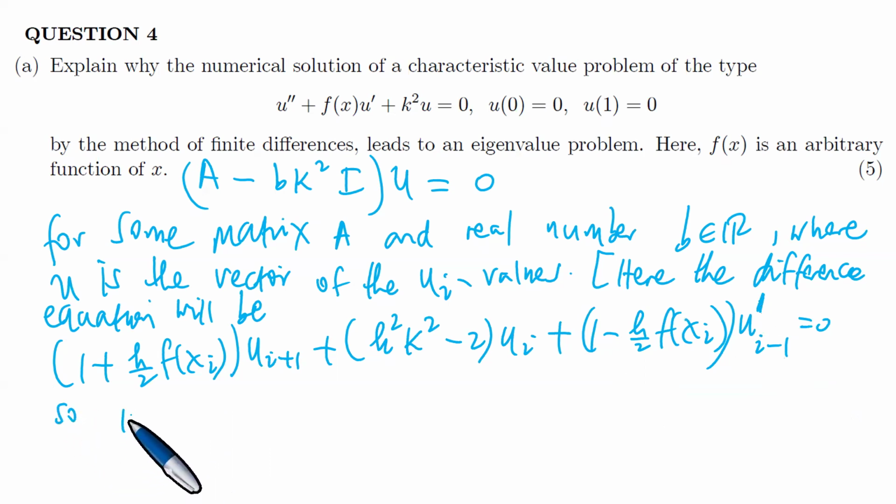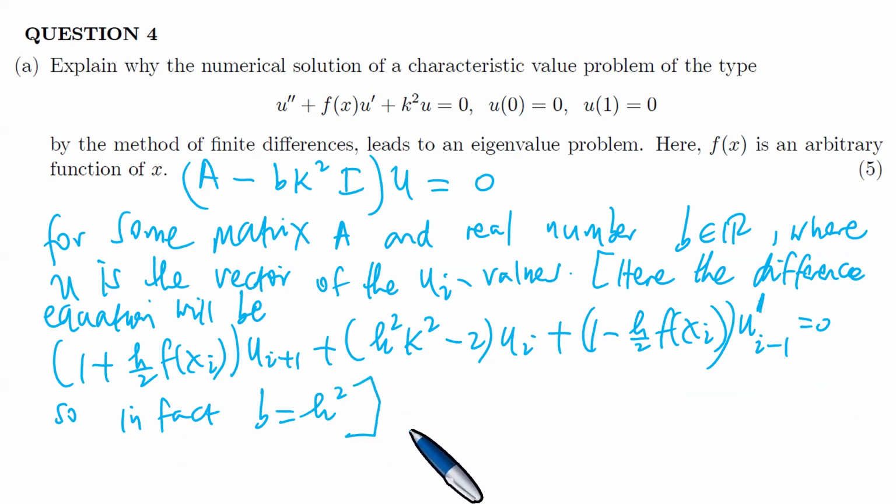So in fact, our B becomes equal to h squared. We're saying here the difference equation will be this, and you shall see exactly how we transform the given equation to this one using the finite difference method. The B that appears in the matrix equation becomes equal to h squared, and the h squared is what appears in the difference equation.